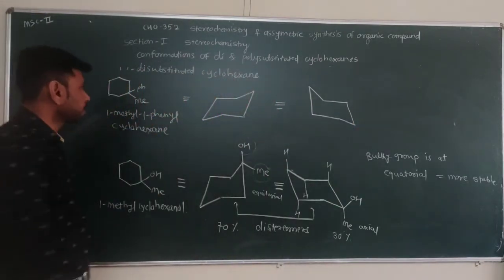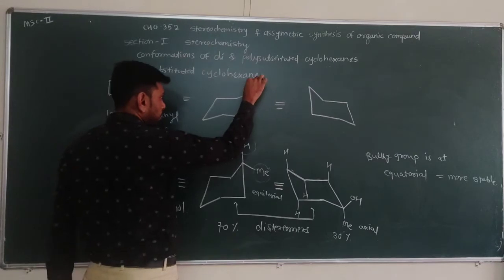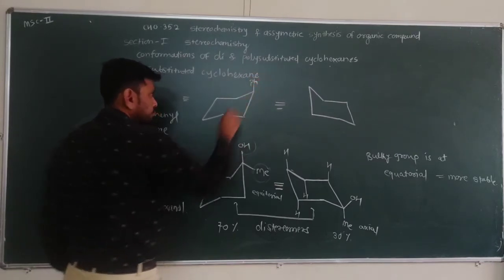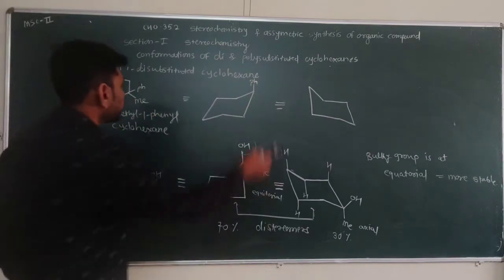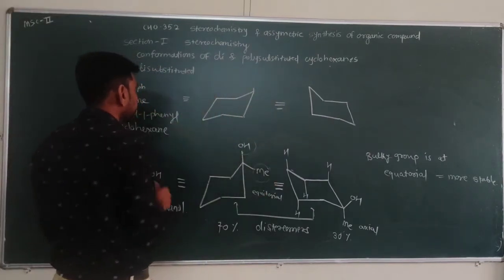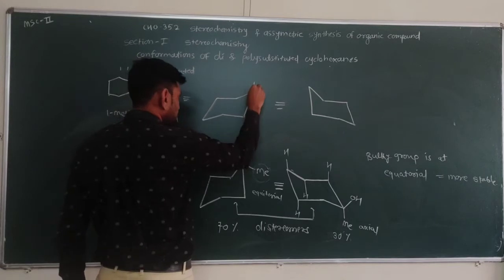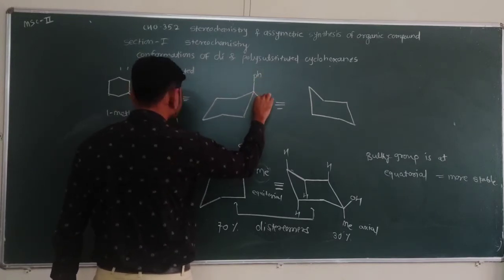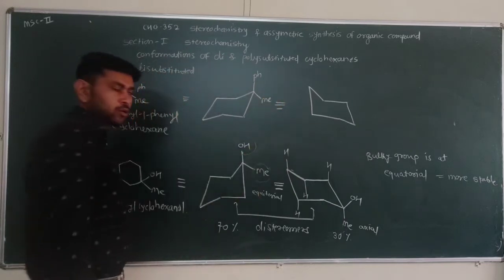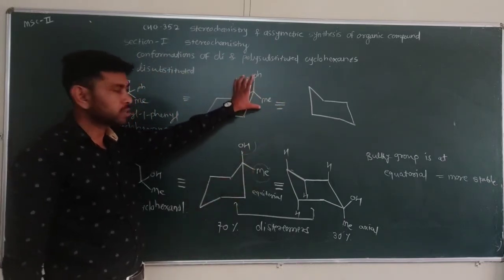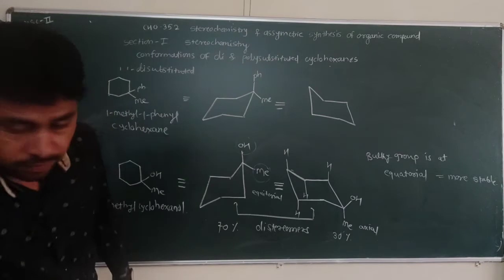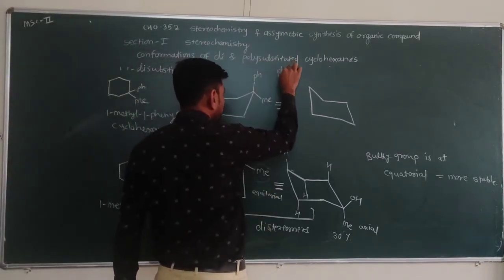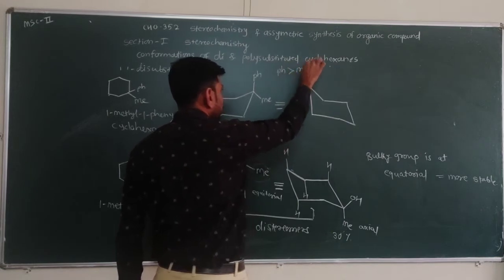See here the phenyl group and methyl group. The phenyl group is at axial position here, and the methyl group is at equatorial position. Out of these two groups, phenyl is bulkier than methyl.